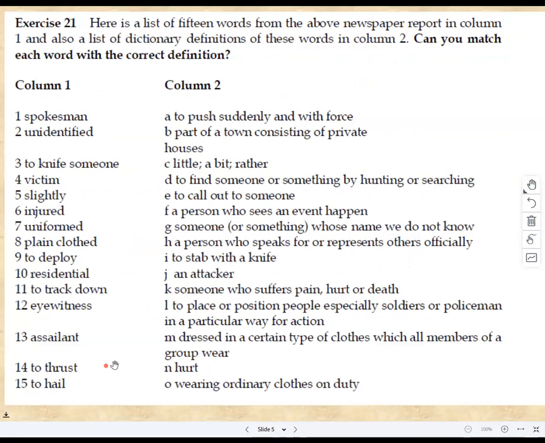For example, spokesman, unidentified, to knife someone, victim, slightly injured, uniform, plain clothes, to deploy, residential, to track down, eyewitnesses, assailant, to thrust, to hail. So, first word. Take a minute and try and guess the meaning of the first word. The meaning is given in column 2.